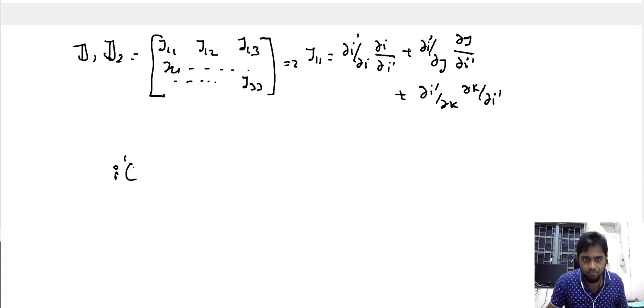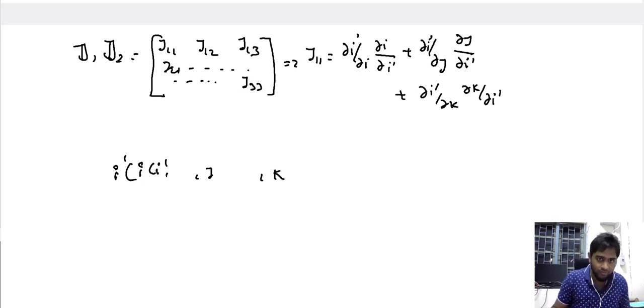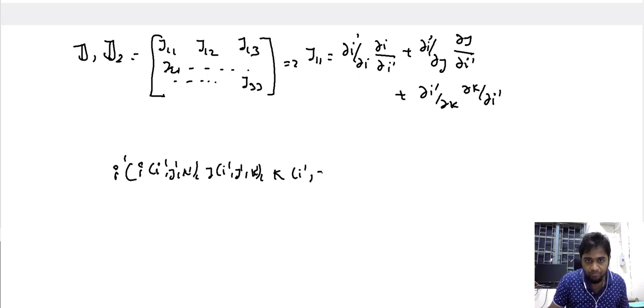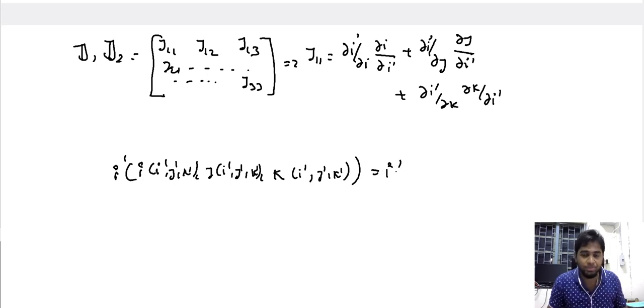I prime is expressed as a function of I, j and k, and these I, j and k are functions of I prime, j prime and k prime; j is a function of I prime, j prime and k prime, and k is a function of I prime, j prime and k prime. Now when we consider I prime as a function of a function, then we are able to recover I prime as an independent variable.